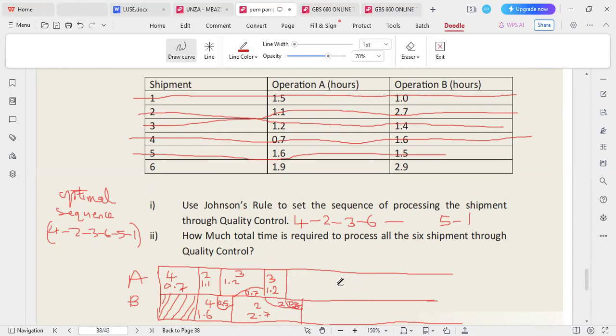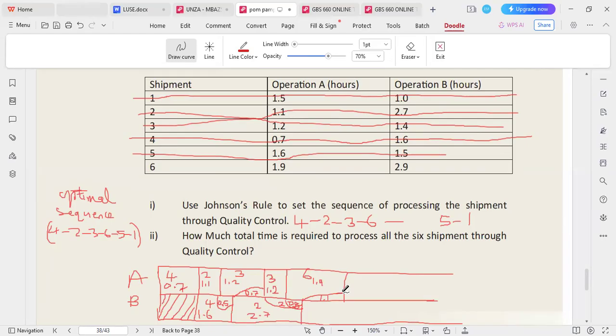So 1.9 is what it's taking. So meaning this job 6 is taking 1.9, so it's actually taking 1.1 hours longer.